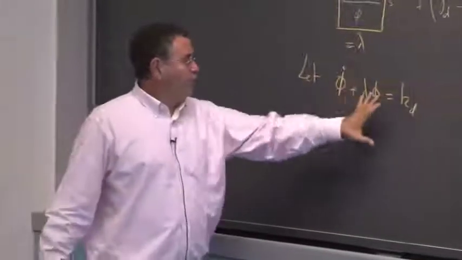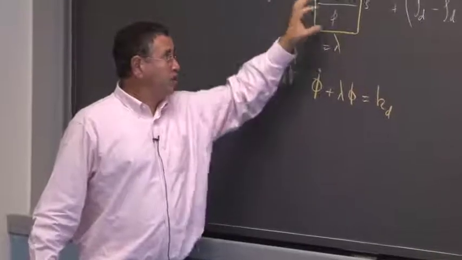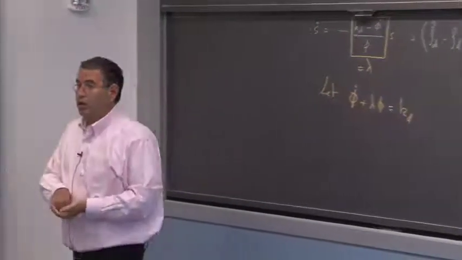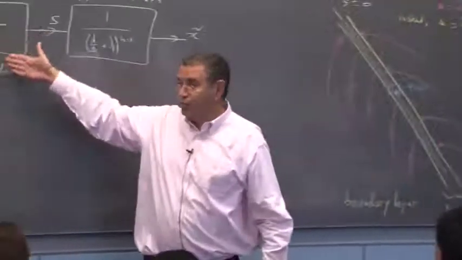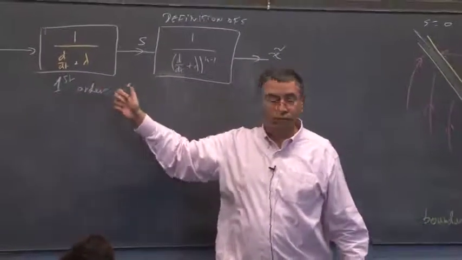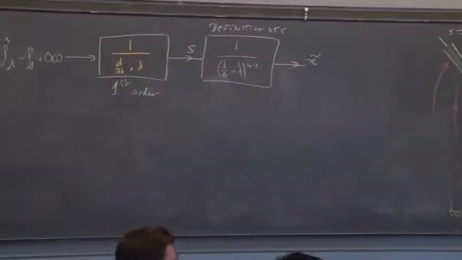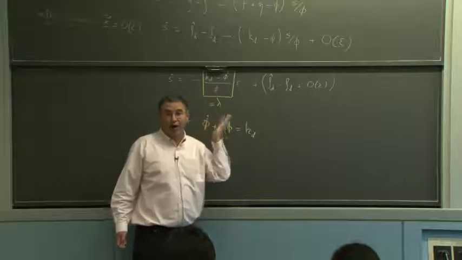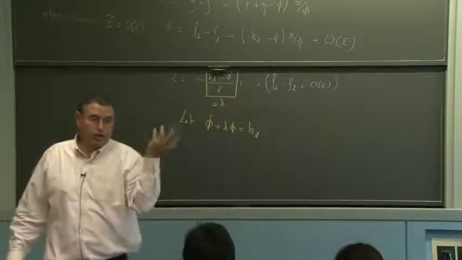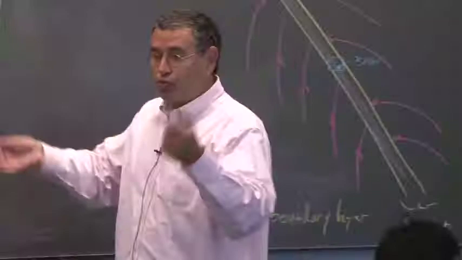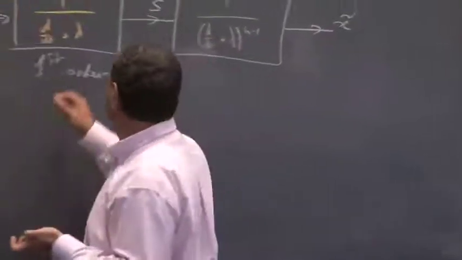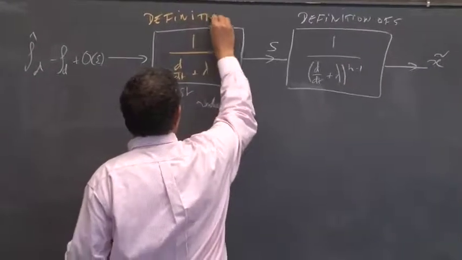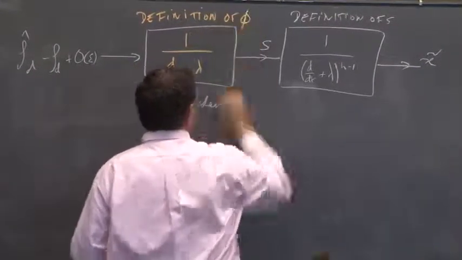So if we let phi dot plus lambda phi equal kd, that exactly solves this equation, this equal lambda. And therefore, it gives us exactly this block here. Now, can we do that? Yes, because we haven't selected phi yet, right? So this is how we'll select phi. And we'll see, of course, it will be time varying as we gave it the freedom to be. So in other words, we can get this block here to be simply this first order dynamics by definition of phi.